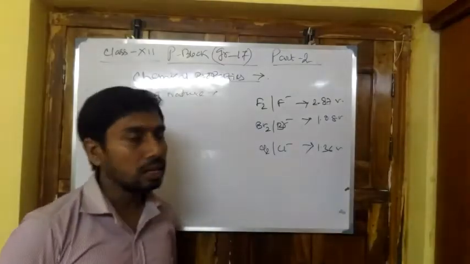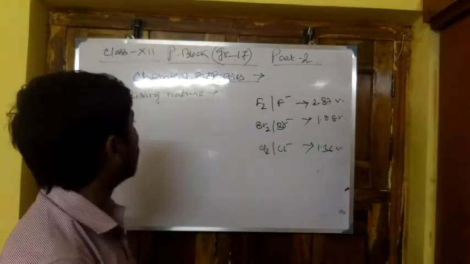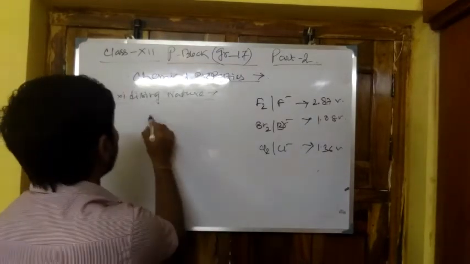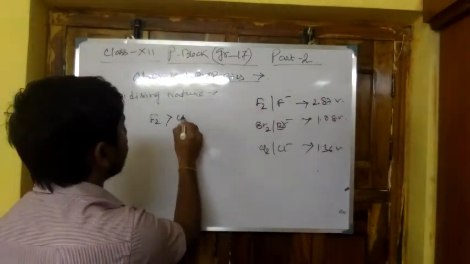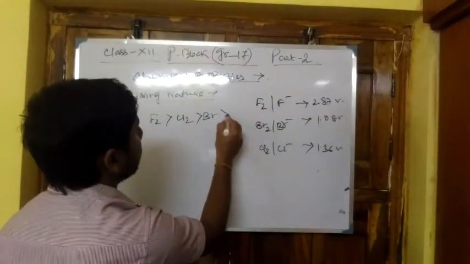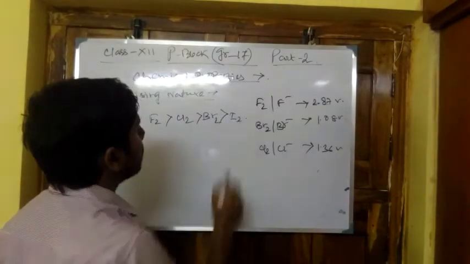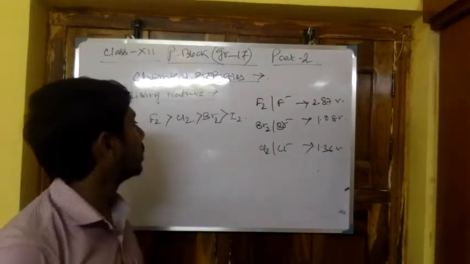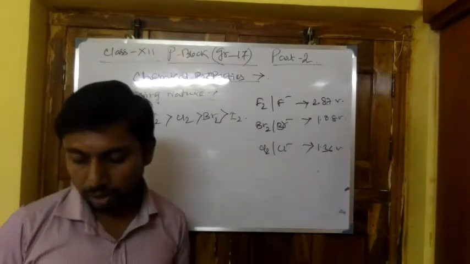So this is the decreasing trend. So the oxidizing nature is maximum for fluorine, then chlorine, then bromine, and then iodine. It is the trend of oxidizing nature. So fluorine is most oxidizing, then chlorine, bromine, and iodine.